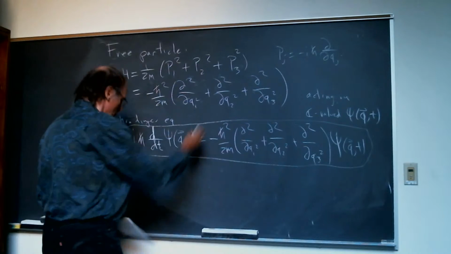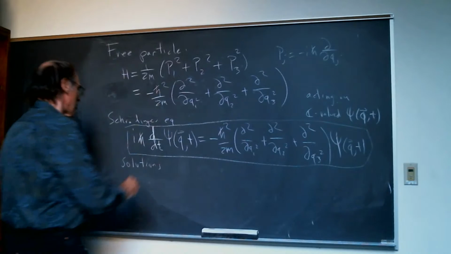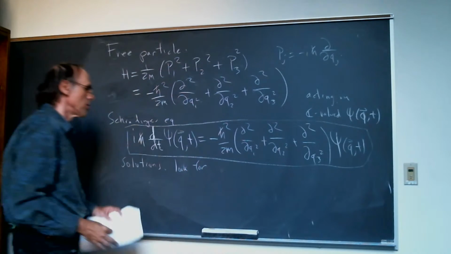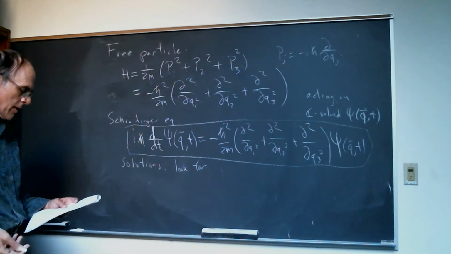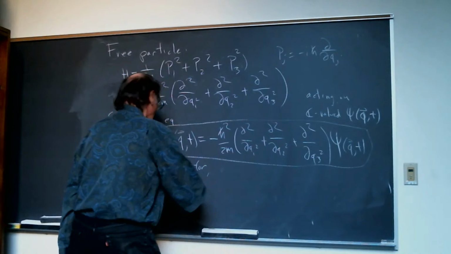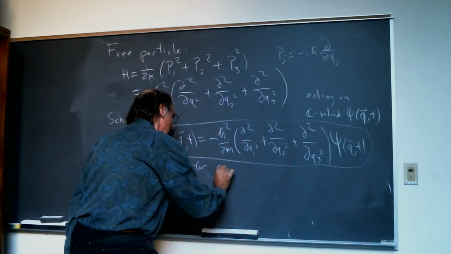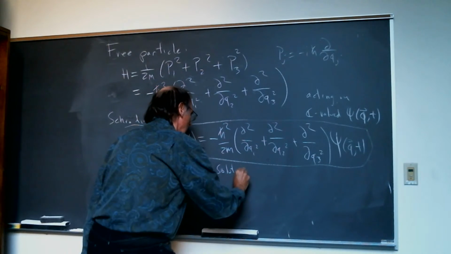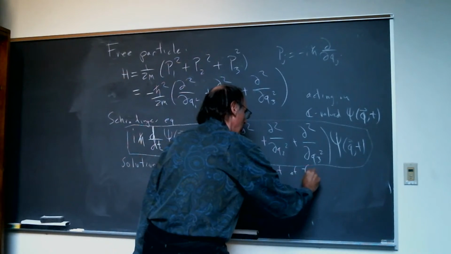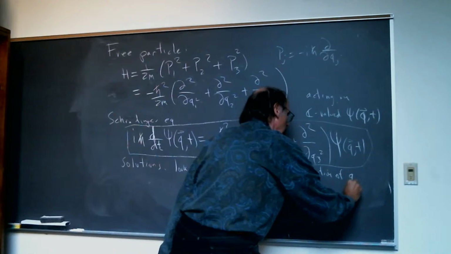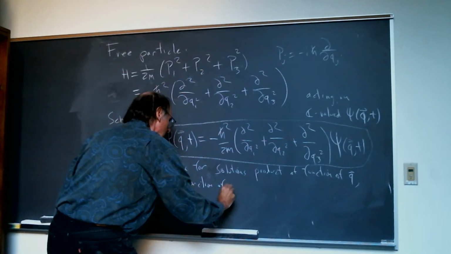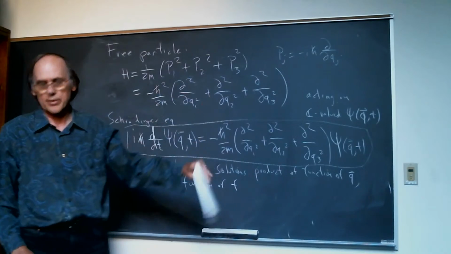From that point of view, one way to do this is to look for solutions that are a product of a function of Q and a function of P. You say this is a separable equation.